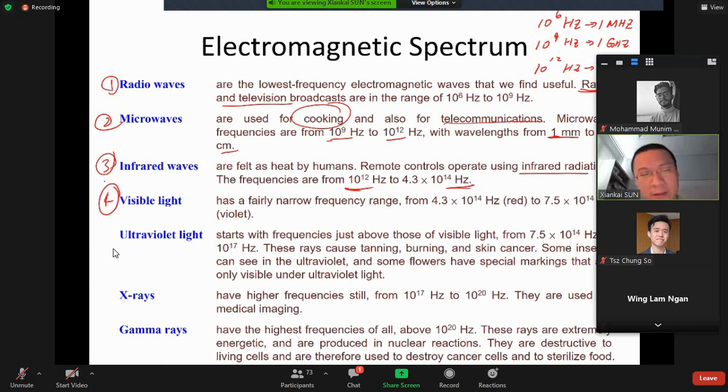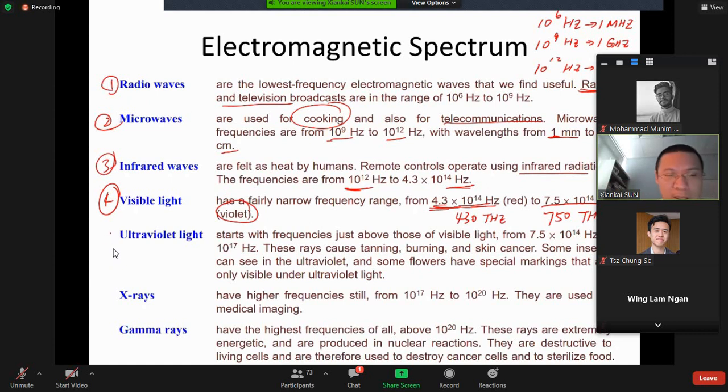Visible light actually has a fairly narrow frequency range from 4.3 times 10 to the 14th hertz, that means 430 terahertz, to 750 terahertz, which corresponds to the violet light.